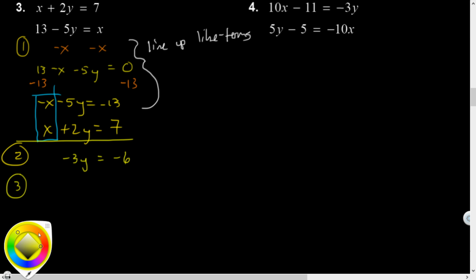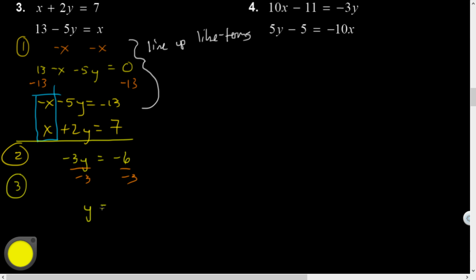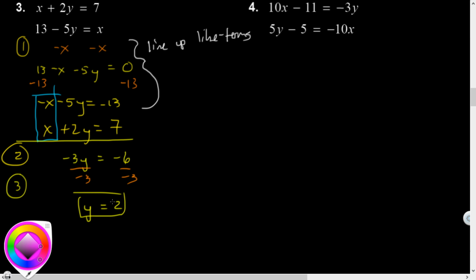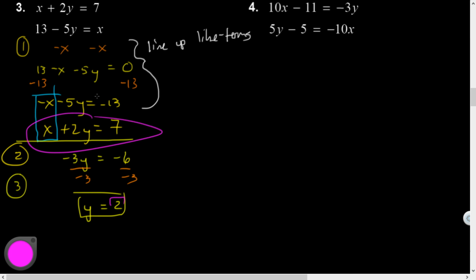Okay, so if I want to solve for y, I divide both sides by -3, and I get y equals +2. Then I can substitute this anywhere. I could plug it into this one, this one, this one. I already circled this version of that one down there.